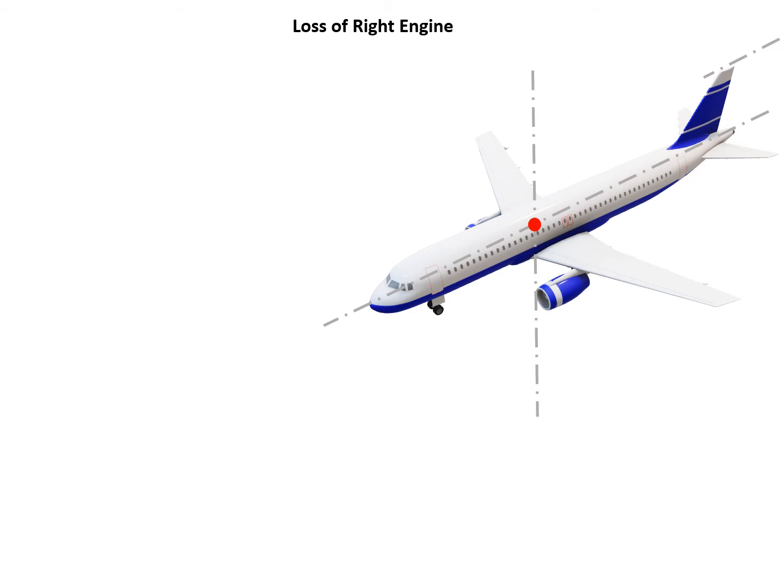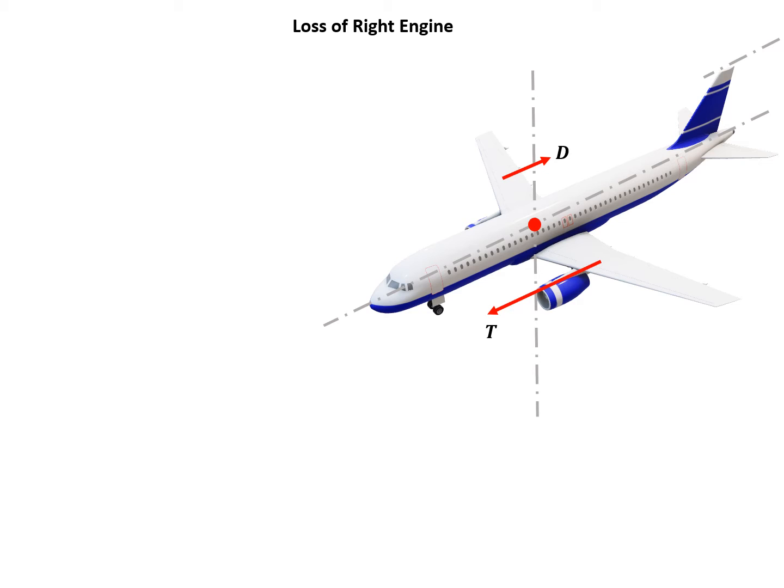Now let's take the case of the loss of the right engine. Since the right engine does not produce thrust, the thrust only comes from the left engine. However, you can see a D, a drag from the right engine.